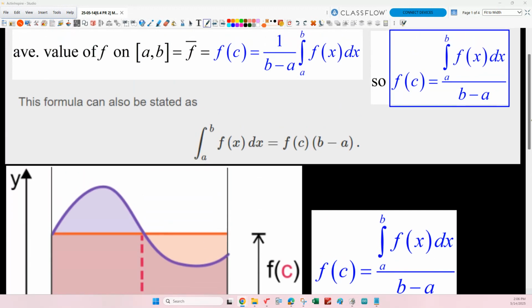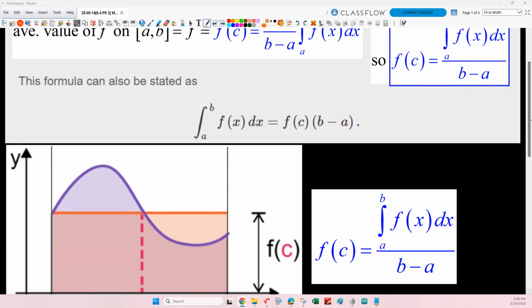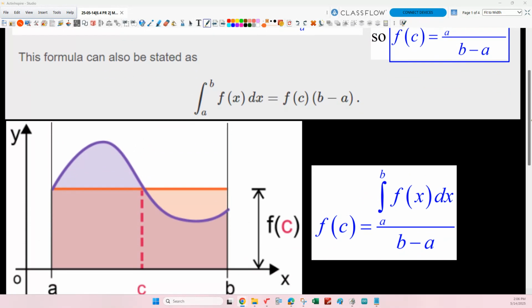So we know that the area under the function, this complicated looking purple area, from A to B is the same thing as, we're going to call this value right here f of c. That's the average value.